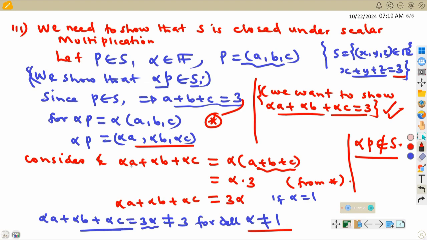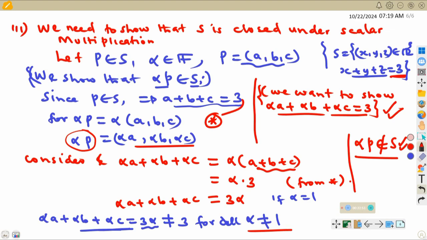So clearly these components alpha A, alpha B and alpha C are components of alpha P. So since they are components of alpha P and they don't satisfy this given condition, then we shall conclude that alpha P is not an element of S.